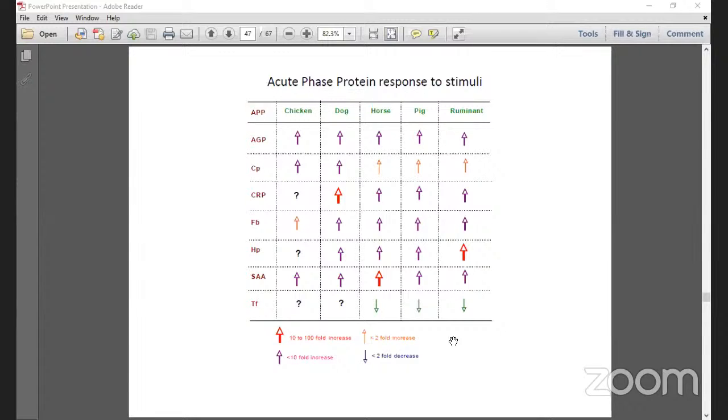The ruminants have a high concentration of haptoglobin, and for the horse, serum amyloid A is the main type of APP produced in case of infection, inflammation, and others. We can use this information to help us diagnose the progression and the prognosis of the disease based on the APP. Next one is.